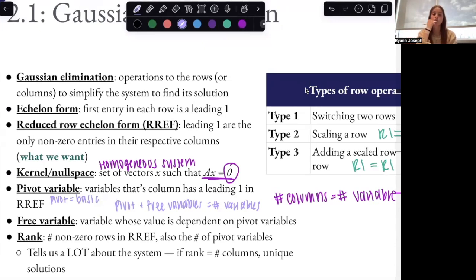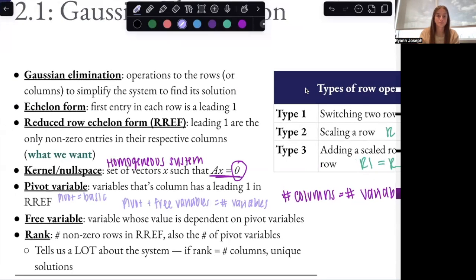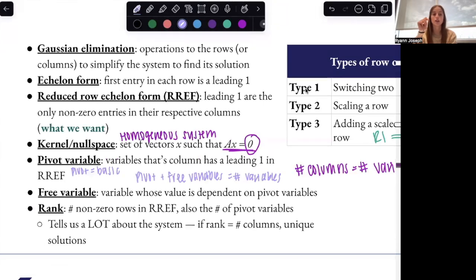So the variables whose columns have that leading one are pivot variables. And a free variable is a variable whose value is dependent on the pivot variables. So the pivot variables define the system, and the values of the free variables change based on the pivot variables. Actually, let me pause for a second.